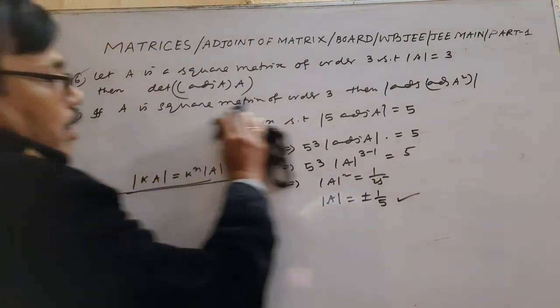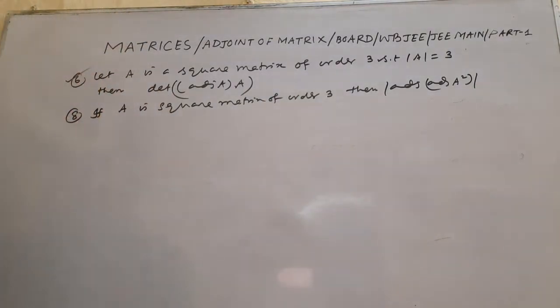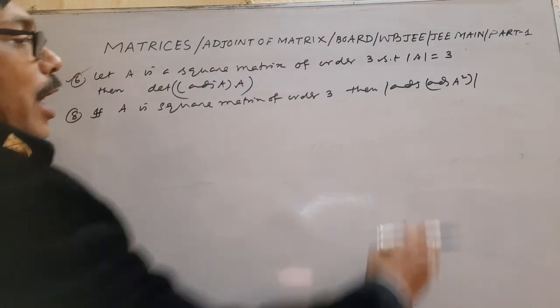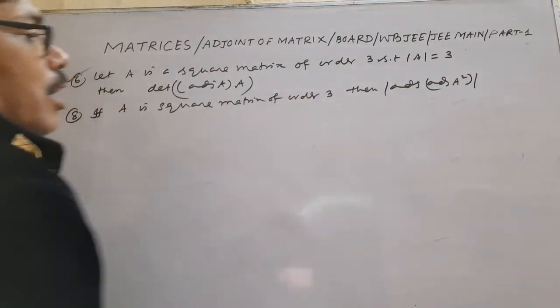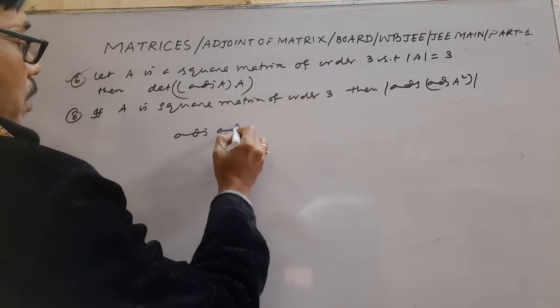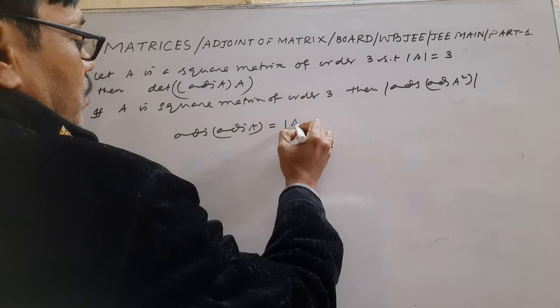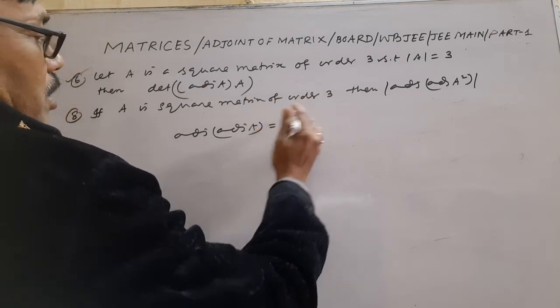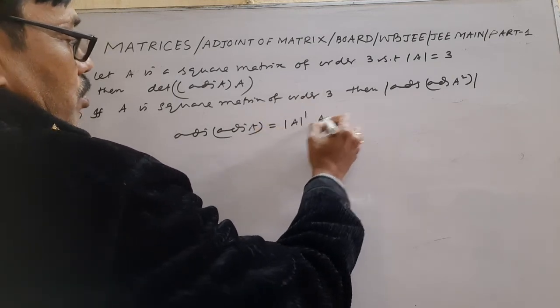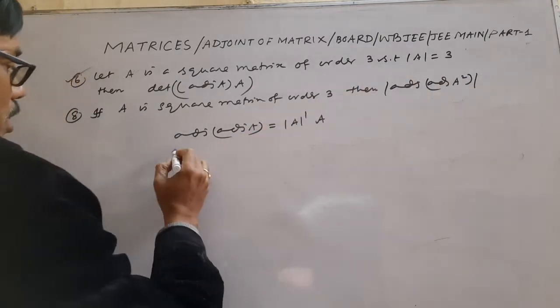Now problem number 8. Adjoint of adjoint A square. So adjoint of adjoint A, we know this is determinant A to the power 3 minus 2, this is A into A. So replace A by A square.